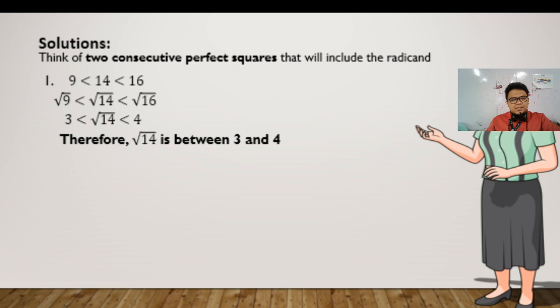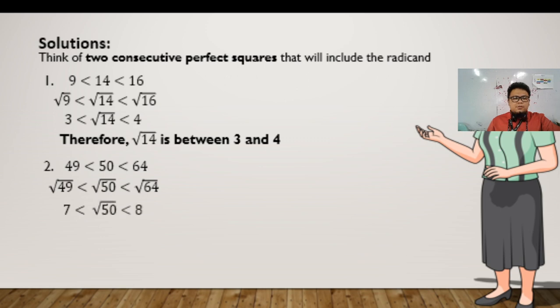Then put the square root on every number. The square root of 49 is 7, and the square root of 64 is 8. Therefore, the square root of 50 is between 7 and 8. Again, the square root of 50 is between 7 and 8.